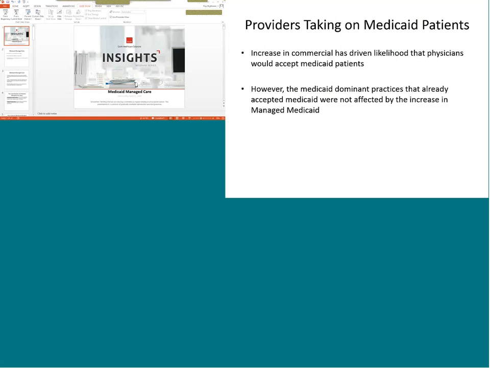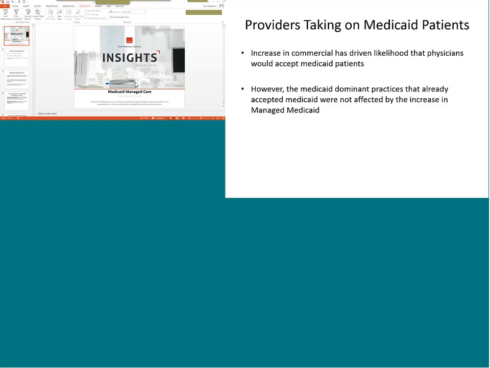And to that end, we look at the providers who are taking on these Medicaid patients. There has been an increase in commercial enrollees, and that has increased the number of Medicaid plans implemented. And as I said before, some of these providers may be taking on Medicaid patients and not even realize it because they're associated with these plans.